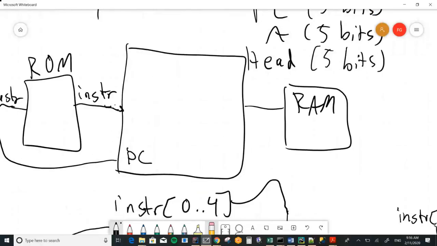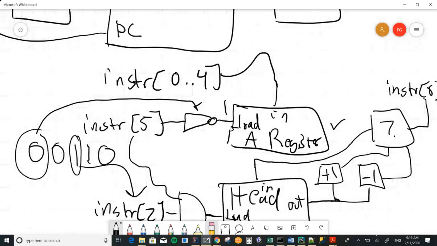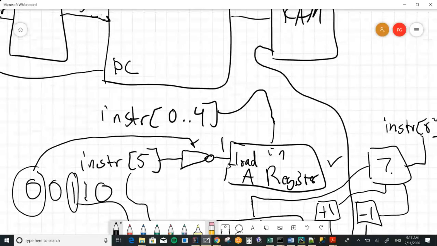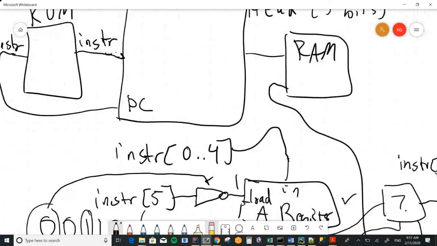One of those inputs is the output of the head register, and this is going to get tangled, so forgive me. The output of the head register is an input to RAM because it's picking which bit in RAM is going to be read or written.